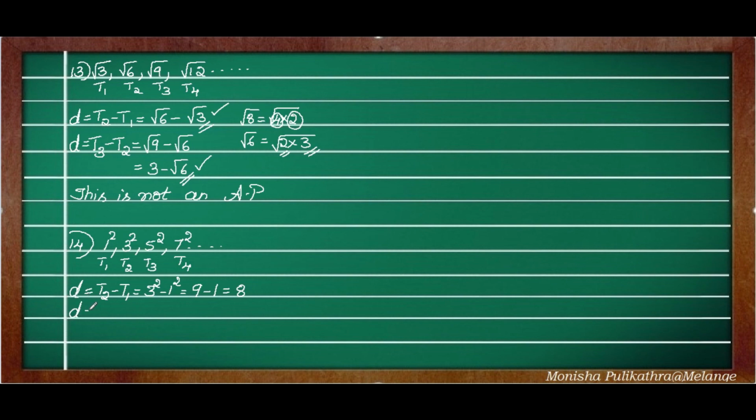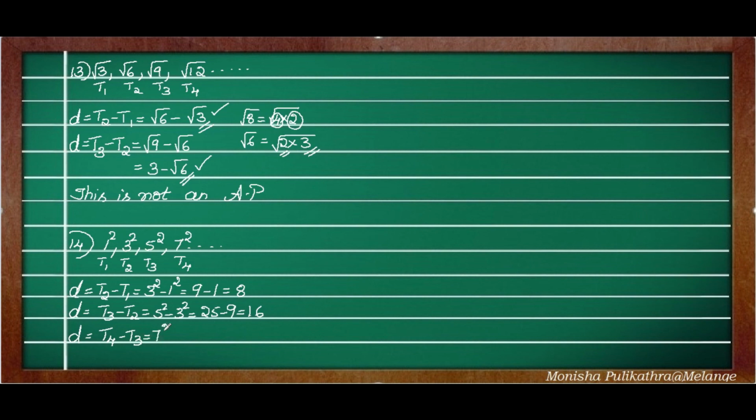Next, D is equal to T3 minus T2. T3 is 5 square minus T2 is 3 square, that is 25 minus 9, which is 16. I will do the next one also. D is equal to T4 minus T3.